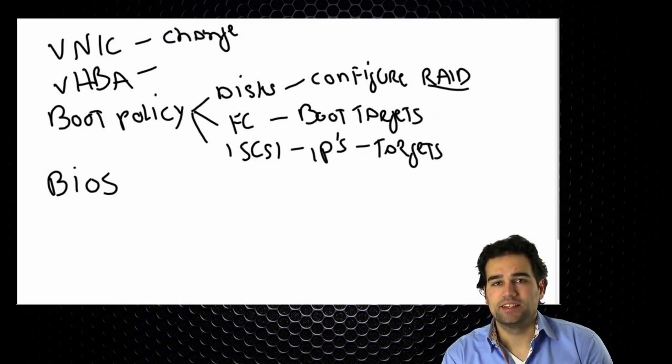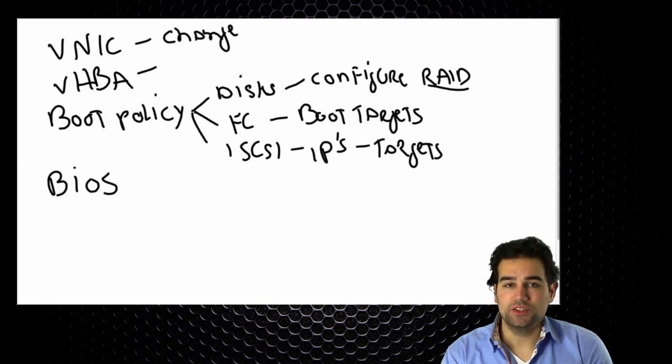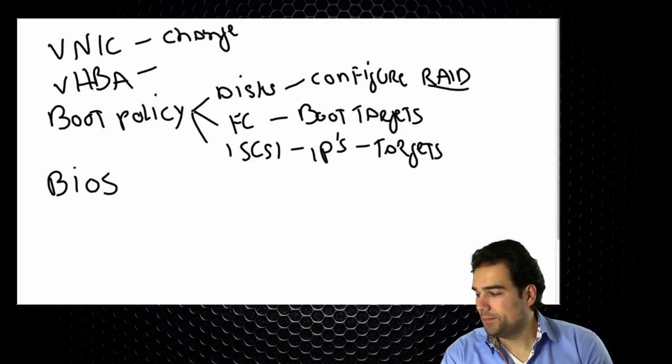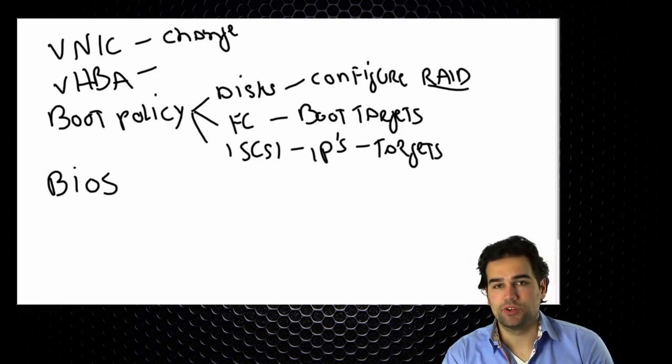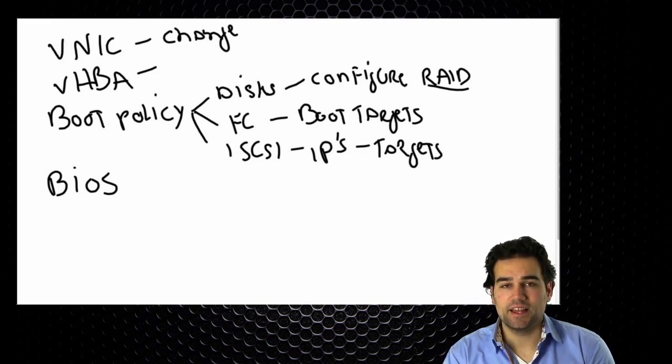I add VLANs all the time. Or I maybe even add network cards at some point, but adding VLANs is the most common change. Every time I add a VLAN, I need to change my VNIC configuration. So it would be beneficial if I can do that in a centralized way for maybe all of my servers, and that it automatically updates. So for all these things, the UCS takes that into account when configuring your server.